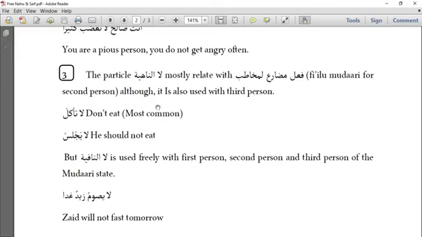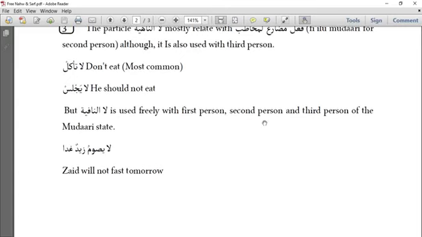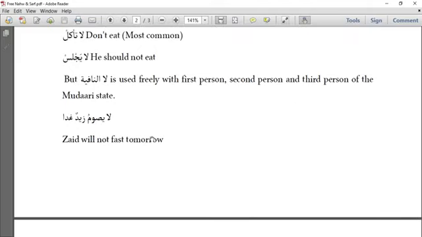That makes more sense. However, we also use it with other than the second person, but mostly, where you see examples of la nahia, it is always with the second person. While la nafia is not restricted to the first or second person. You use it freely with the fi'l mudari.